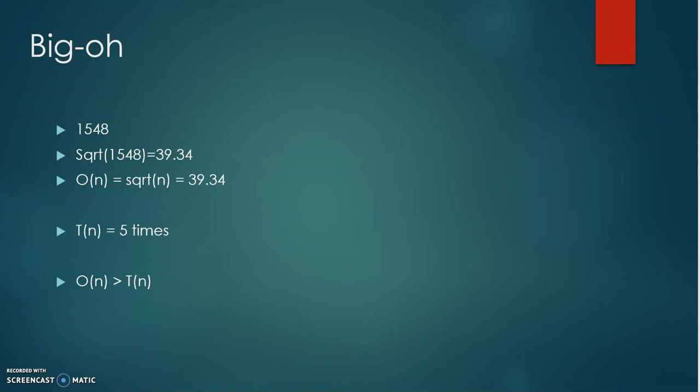And lastly, we want to do the big O analysis. We take the same number 1548, and the square root of 1548, which is the big O of square root of n, is 39.34. And what we actually have in the algorithm is 5 iterations until we find all the prime factors of the integer.